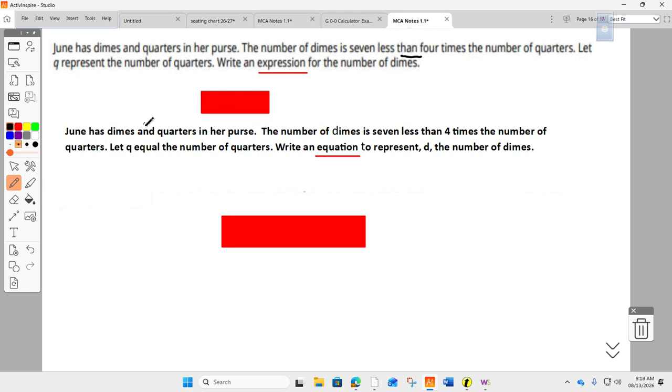Does it have an equal sign? That's really the point I'm making. I do need you to be able to translate it, but if it asks for an expression, we're not going to have that D equals. This is the exact same question, but here you were asked to write an equal sign, so D equals 4Q minus 7. Cool? Okay.